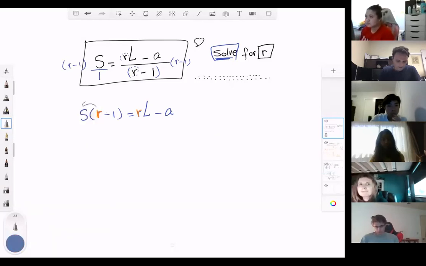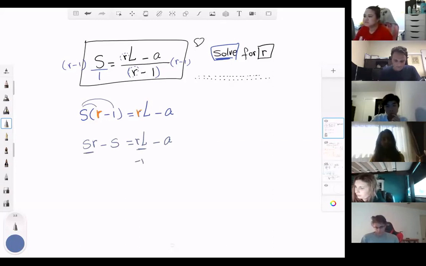I distributed, we have SR minus S equal to RL minus A. I'm going to collect the R on one side and everything else on the other side.